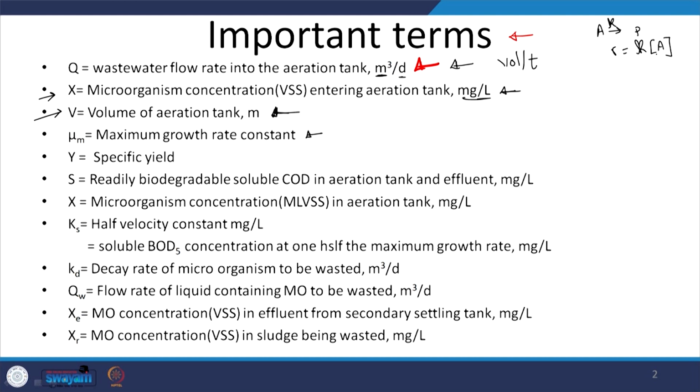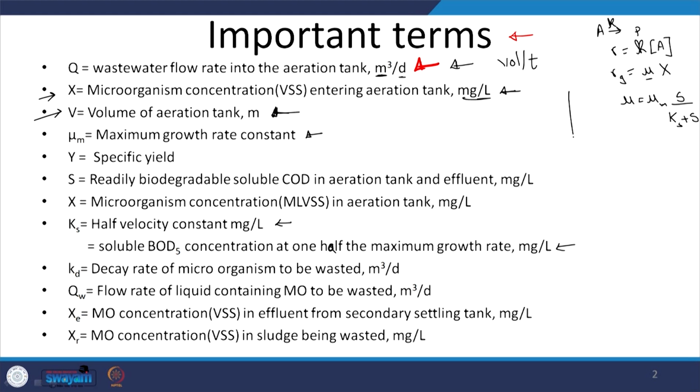Here, I am concerned about how microbes are growing. The rate of growth of microbes will depend upon mu times the concentration of the microbes. So mu is equal to mu max into S by Ks plus S. S is the substrate or rbCOD, which is the food for the microbes, and Ks is the half velocity constant, equal to the soluble BOD5 concentration at one half the maximum growth rate.